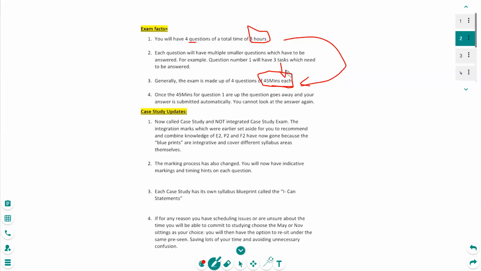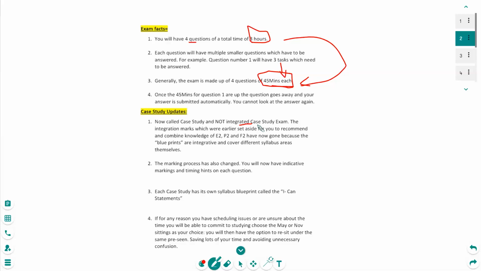Next, the case study updates. Again, what's new with the 2019 syllabus? Now your case study is no longer called the integrated case study exam. The integration marks were earlier set aside for you to combine your knowledge from E2, P2, and F2. So for example, in answer number 1, they asked you about costing techniques, and you gave the different costing techniques.